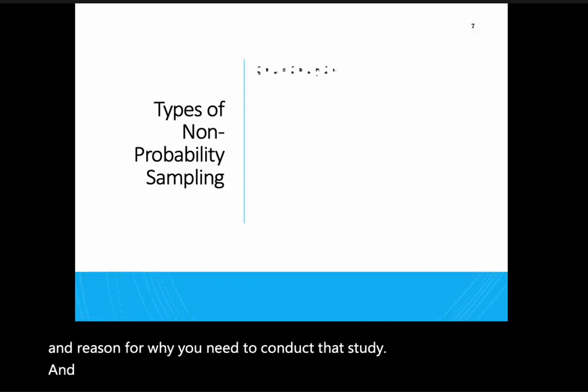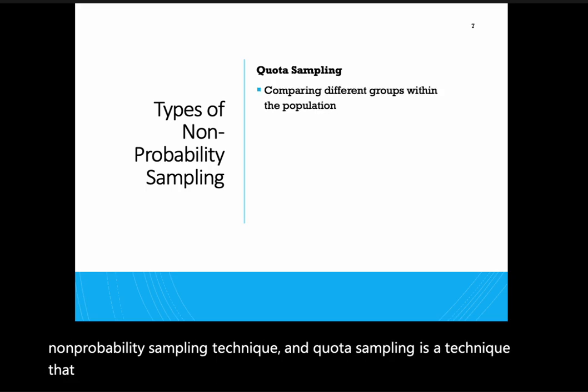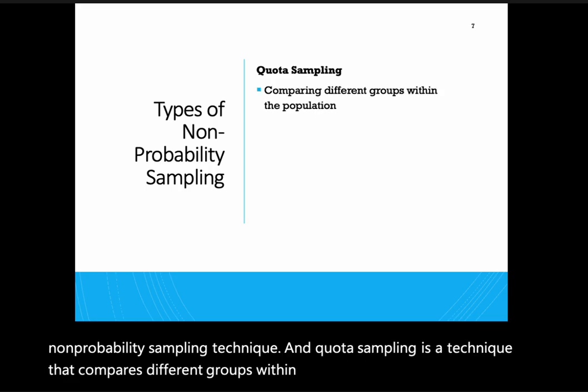And finally, we have what's called quota sampling, which is our final non-probability sampling technique. Quota sampling is a technique that compares different groups within the population of interest.